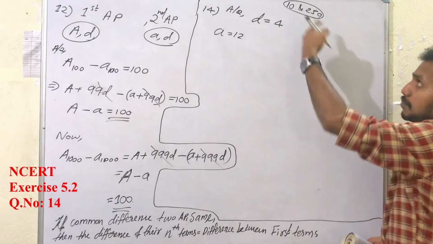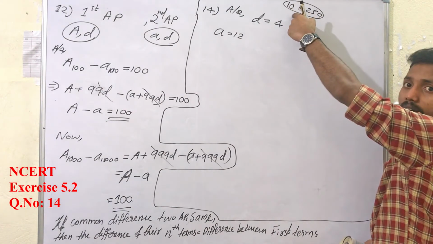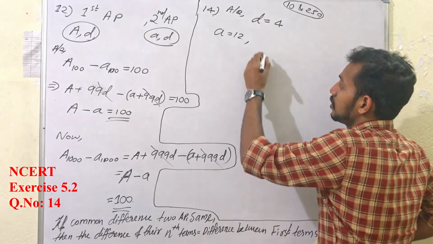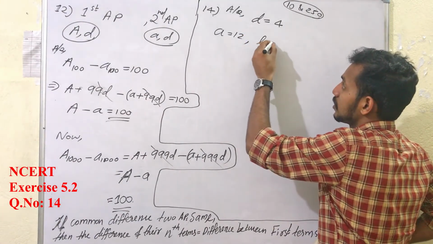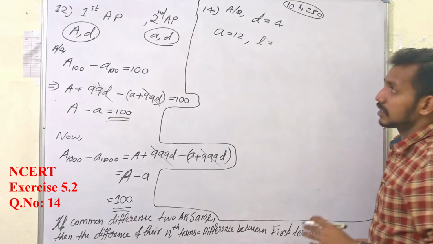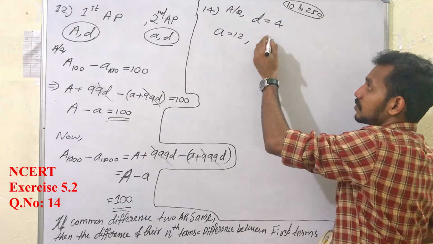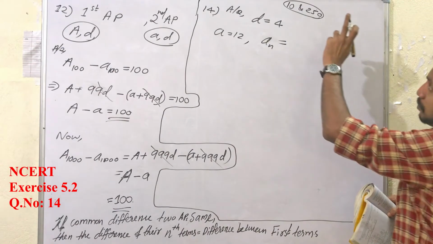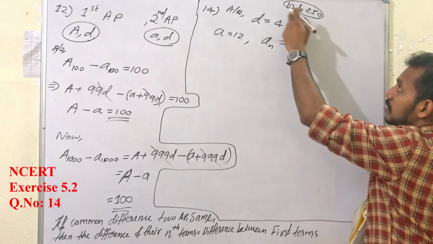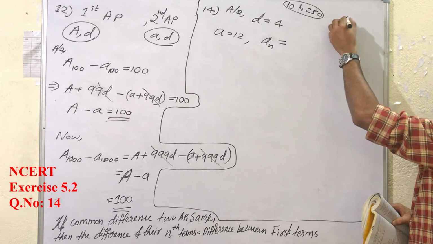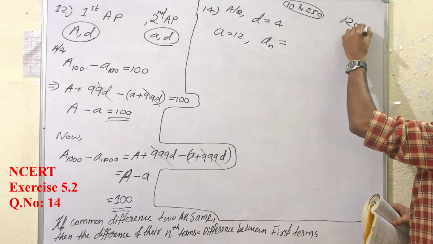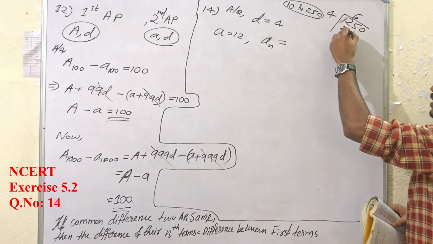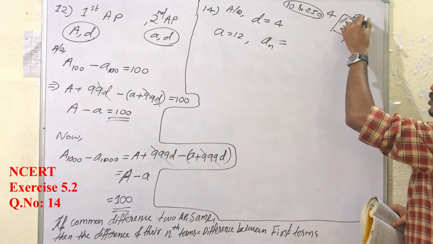If it is a bigger number, just divide it and subtract the remainder. Now the last term, or the nth term, we have to find. What will be the highest multiple of 4 between 10 and 250? If you are getting confused, it's better to divide 250 by 4.